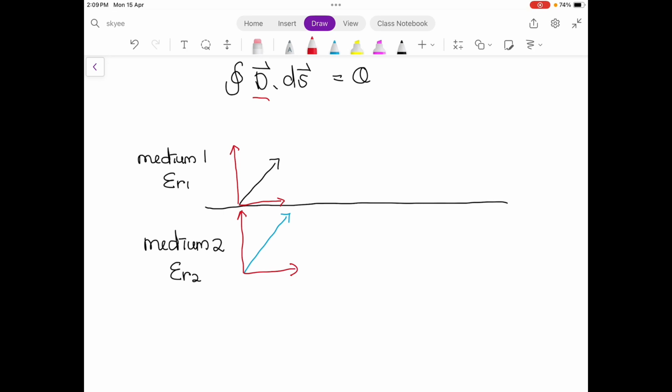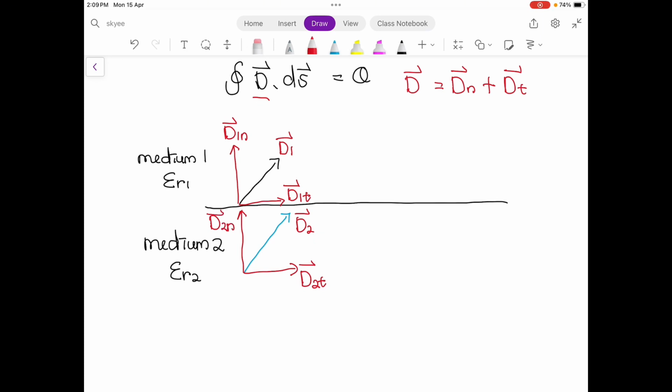In this case, we are not using E, but we use D. The D can be split into normal and tangential components. They have directions. Here I will label this as D1 normal, and this as D1 tangential. And this is D2, so you have D2 tangential and D2 normal components.